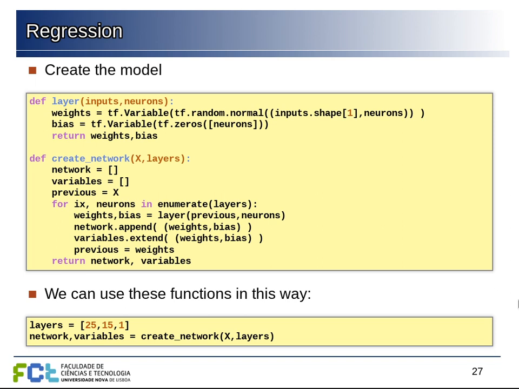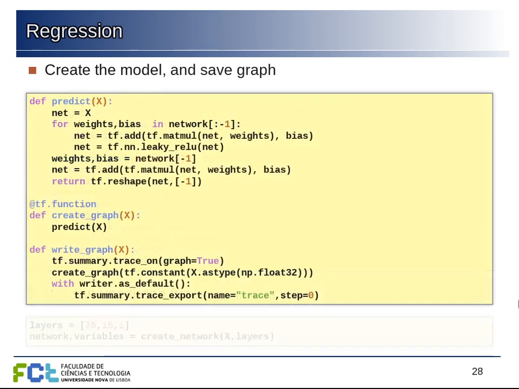And so now we can create a representation of the network, which is this list of tuples for the computation, and also the list with all the variables we need to feed into the gradient tape. And this should be the example of a network: 25 neurons, then 15, then 1. And the number of parameters in the neurons starts by looking at the number of columns on X, and then by looking at the number of neurons on each previous layer to determine how many weights we need for the following layer.